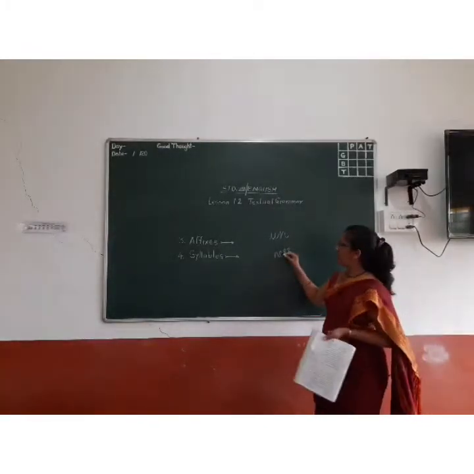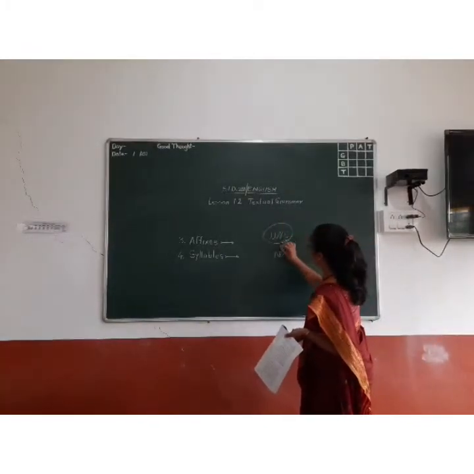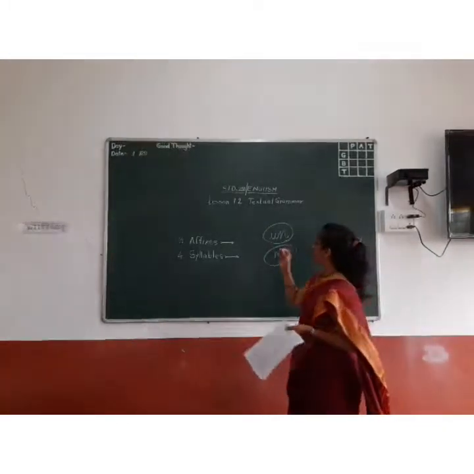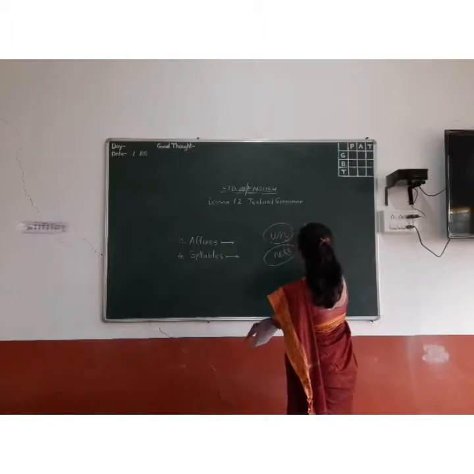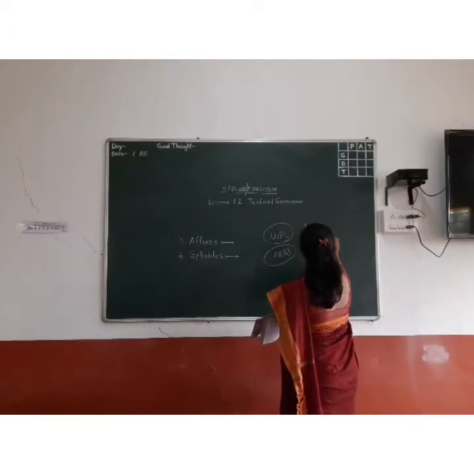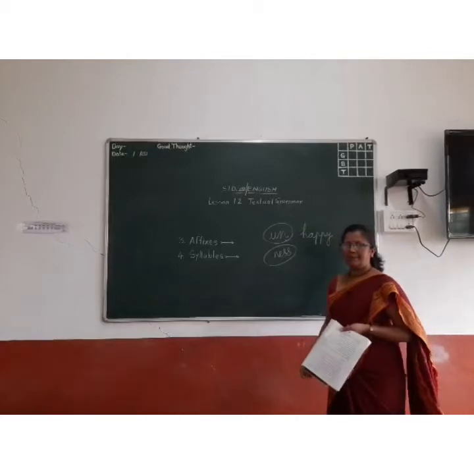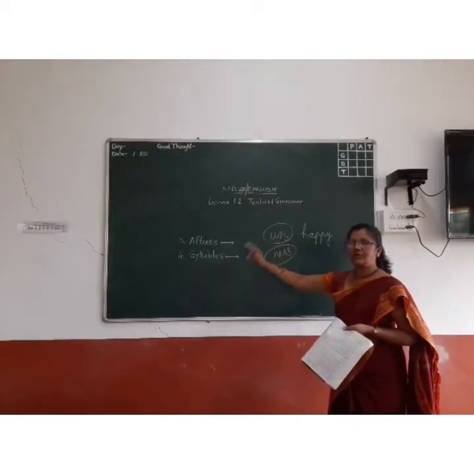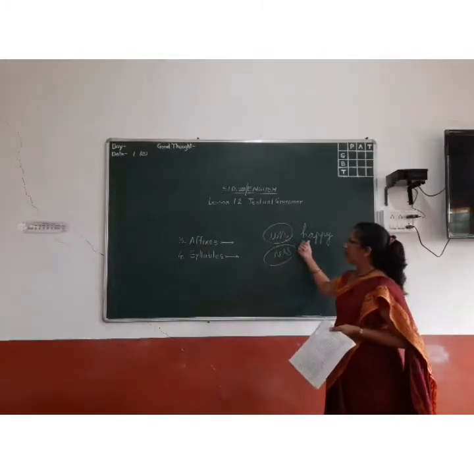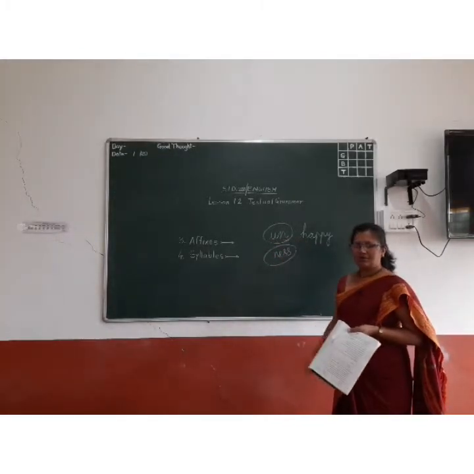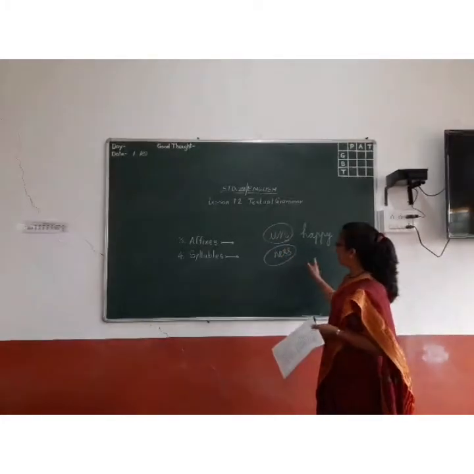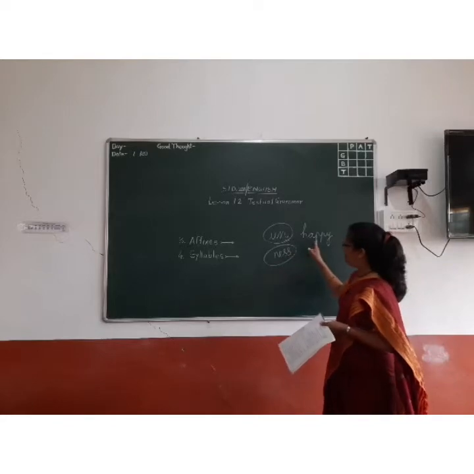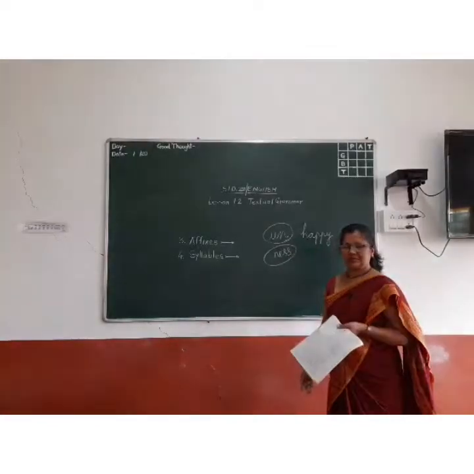First group of letters I have given you is un, and second is ness. Now the word is happy. If we add this group of letters before the word happy, it becomes unhappy. And if we add this group of letters after the word happy, it becomes happiness.